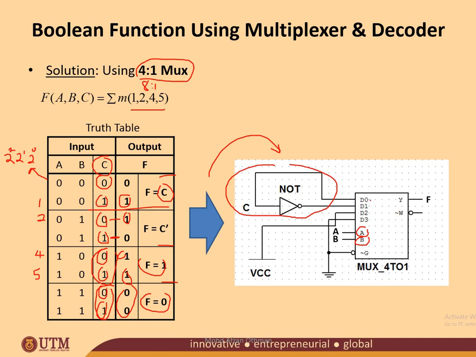You may have C either 1 or 0 for example. So this is your function Y, and W is the inverse of this. And of course it's ground. For example, you see the location of your VCC. Here is 1, and here is 0.